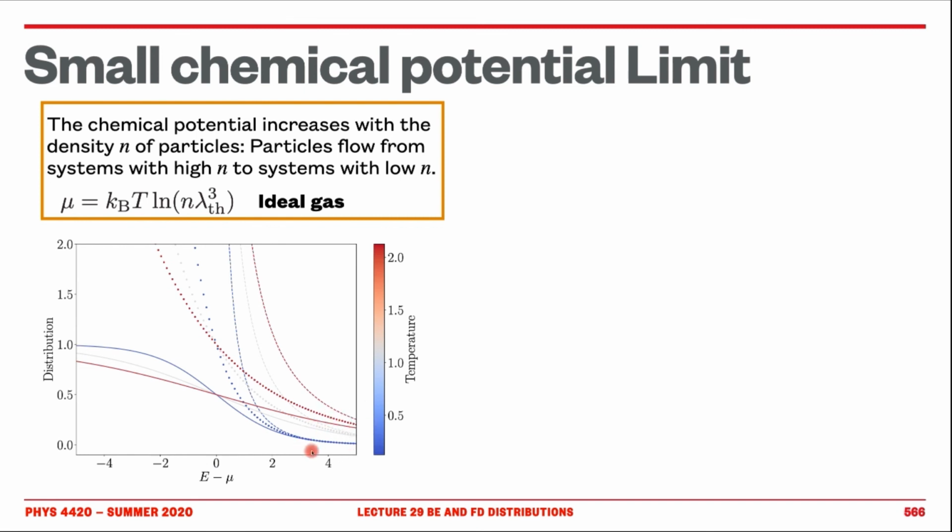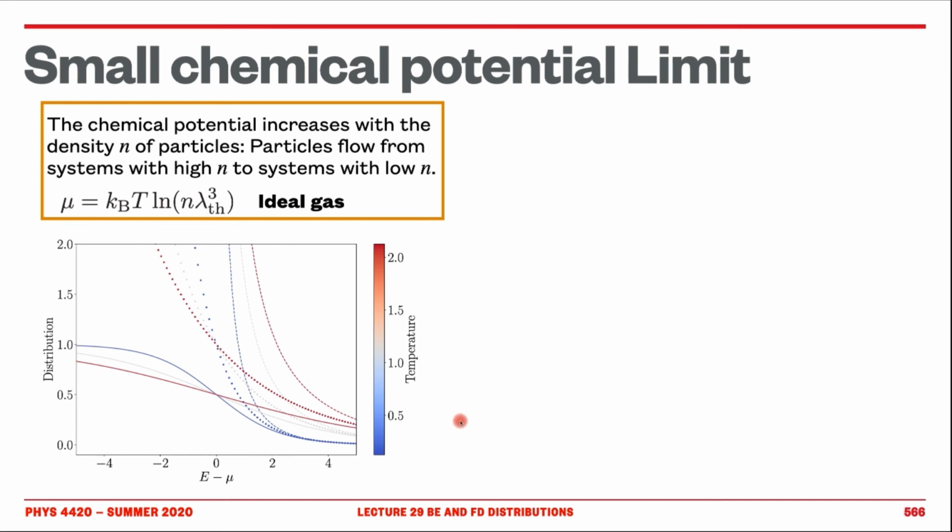So in that particular case, when we have very small chemical potential, we have many more states than we have particles. And so fewer and fewer states are going to be doubly occupied, which means that the Bose-Einstein distribution, the Fermi-Dirac distribution, and the Boltzmann distribution in that case will be the same.